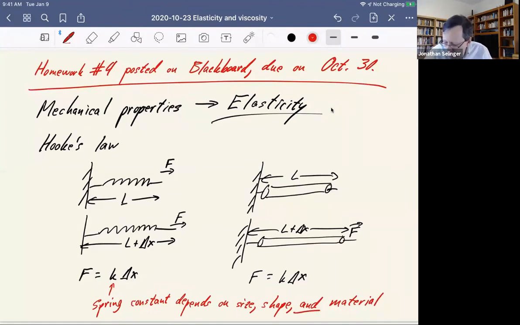Now, we might want to separate out these effects, okay? So to separately talk about how the spring constant depends on the size and shape versus how it depends on the kind of material, whether we have rubber or iron or some other kind of solid.